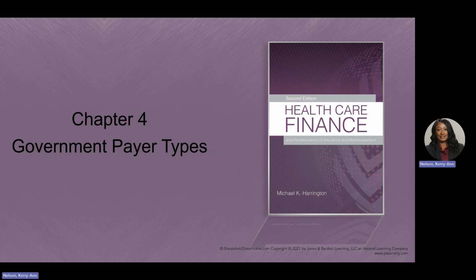So staying in line with the module, I'm currently going to touch on Chapter 4, the government payer types.